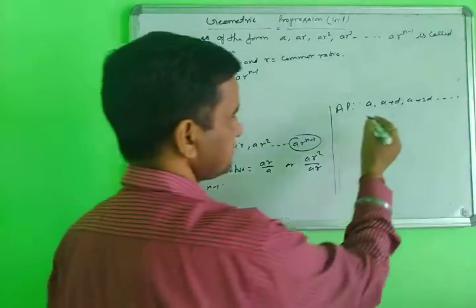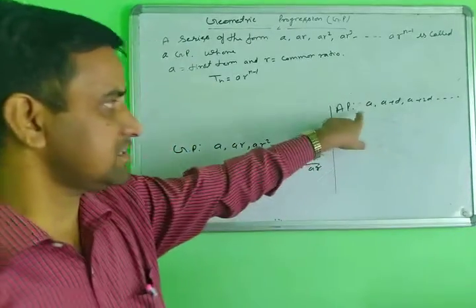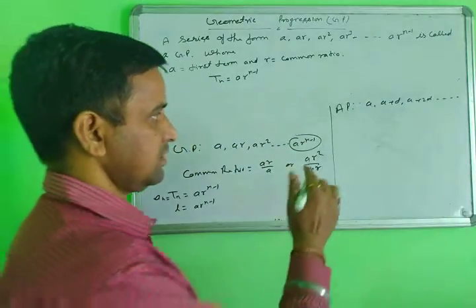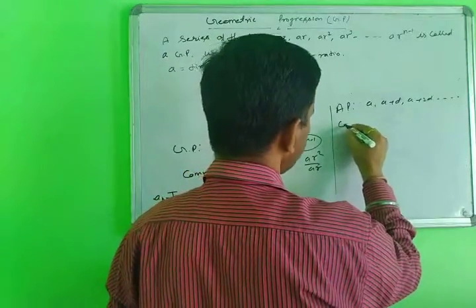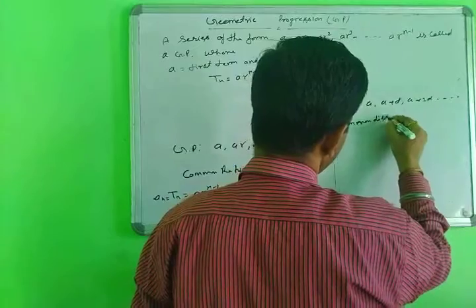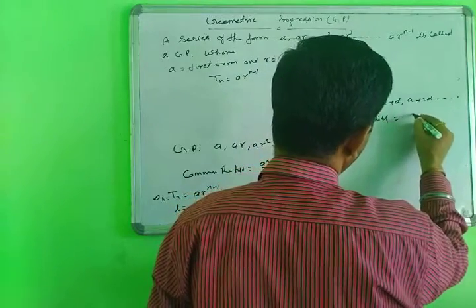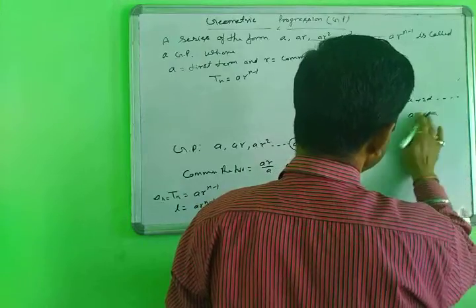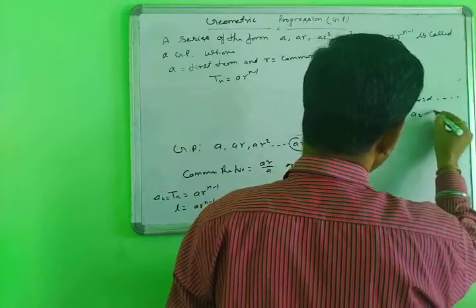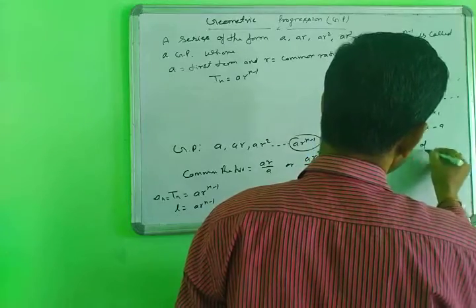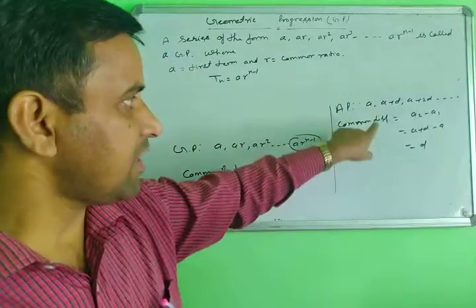Same thing here, this is the series of the AP. This one is completed, but comparing both here, the common difference equals A plus D minus A. Means you can say A2 minus A1, A plus D minus A, then you can say D. How to find the common difference?